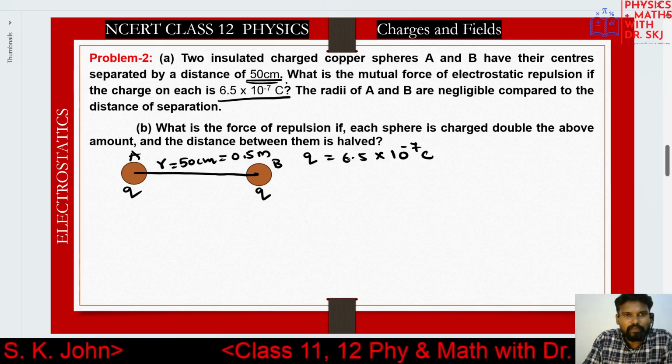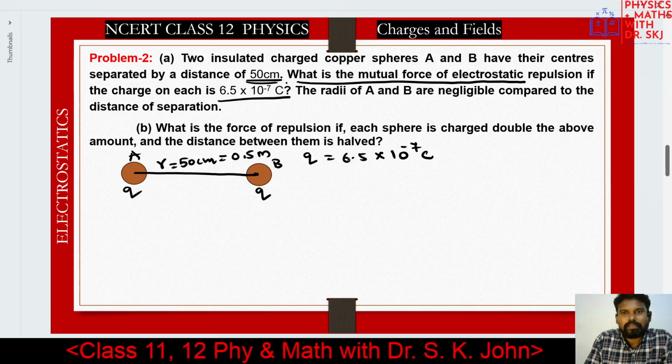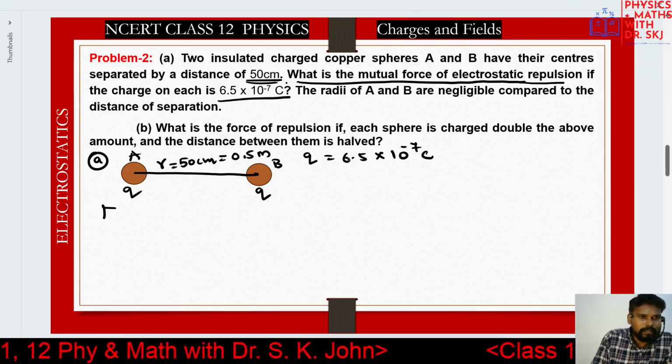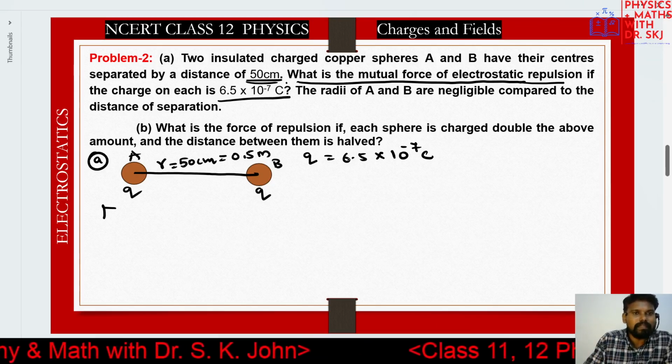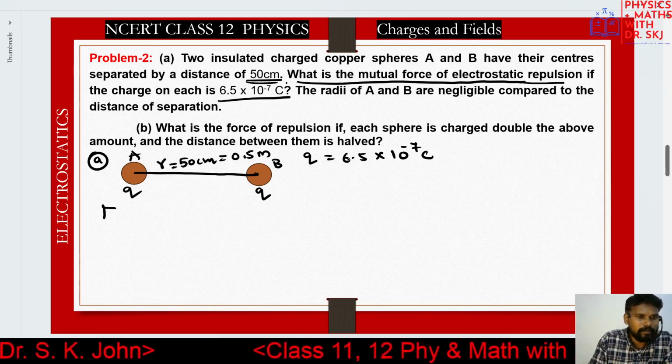So we want to find the mutual force of electrostatic repulsion. Yes, we will calculate the force. We are doing part A, then I will read part B and solve it.